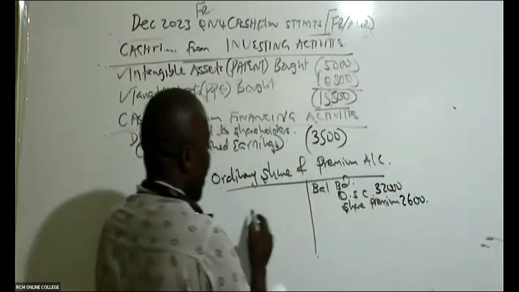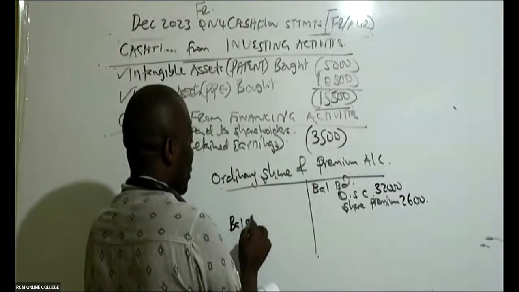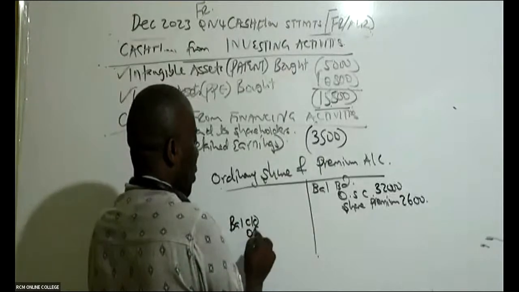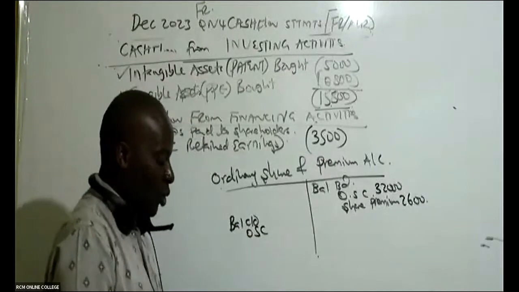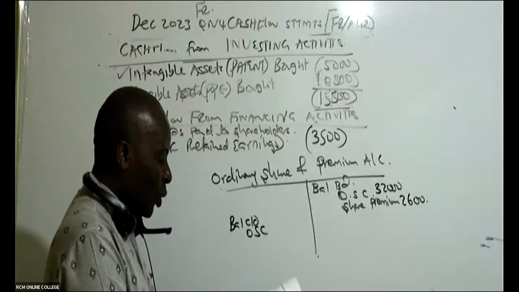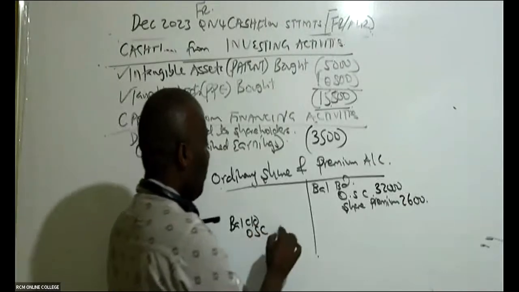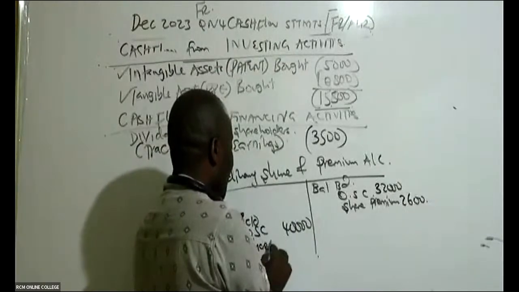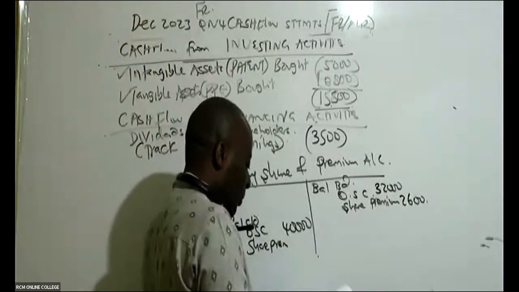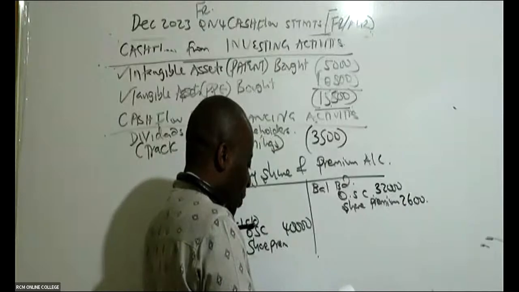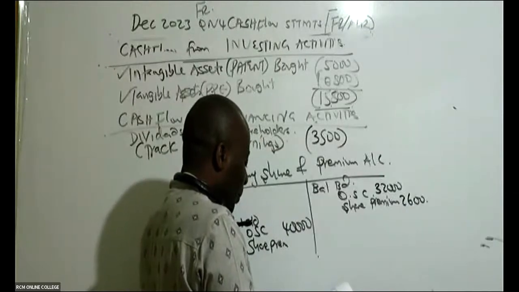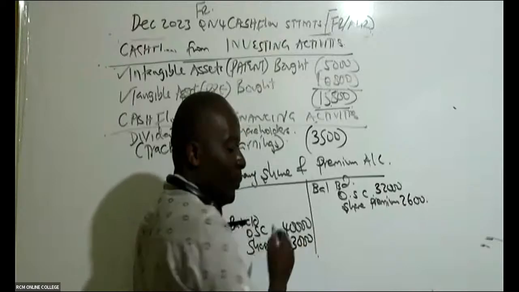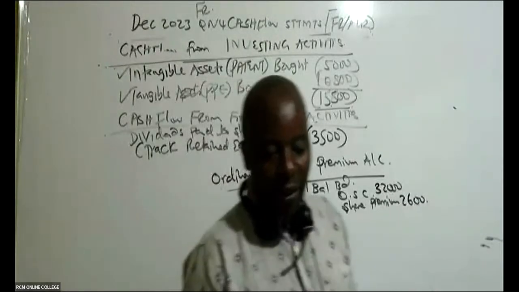Then you bring things down here, carry down. Ordinary share capital carried down for 2023 is 40,000. And then we have share premium, 3,000. All right.